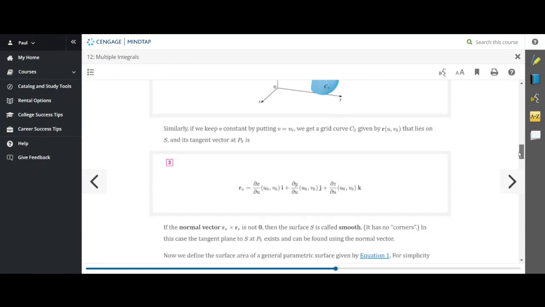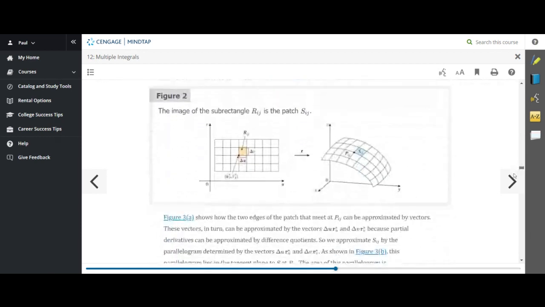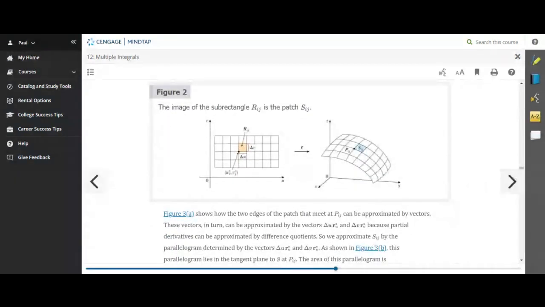Well, let's look at some surface here. In figure 2, you see on the right a surface. And what they're doing is they're taking the surface, and it's just some random surface. How can we find the surface area of that surface?